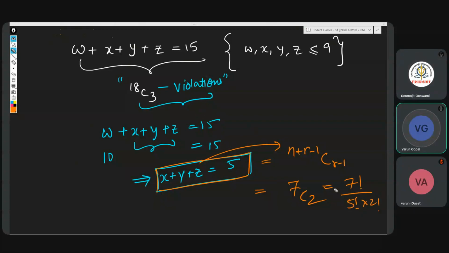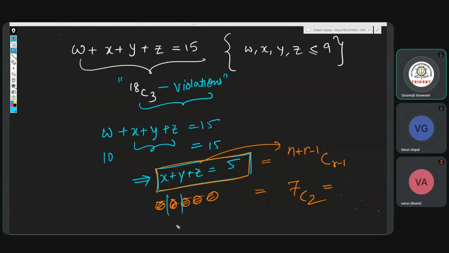But don't get confused between the 5 balls and 2 partitions. This also gives you 7 factorial by 5 factorial into 2 factorial, as does 7C2.